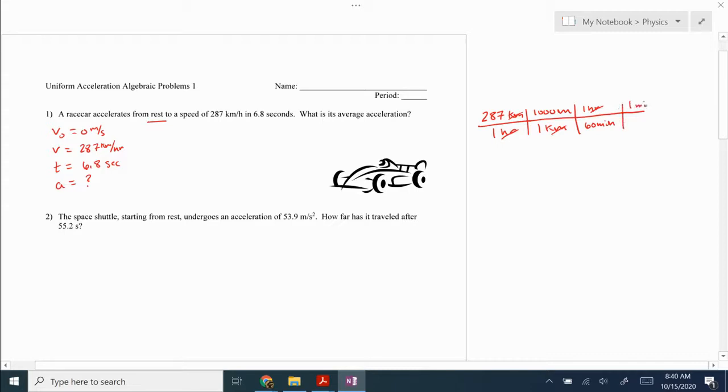And 1 minute is equal to 60 seconds. On the top, we have 287,000. And on the bottom, we have 3,600. Divide those, and you get 79.7 meters per second.